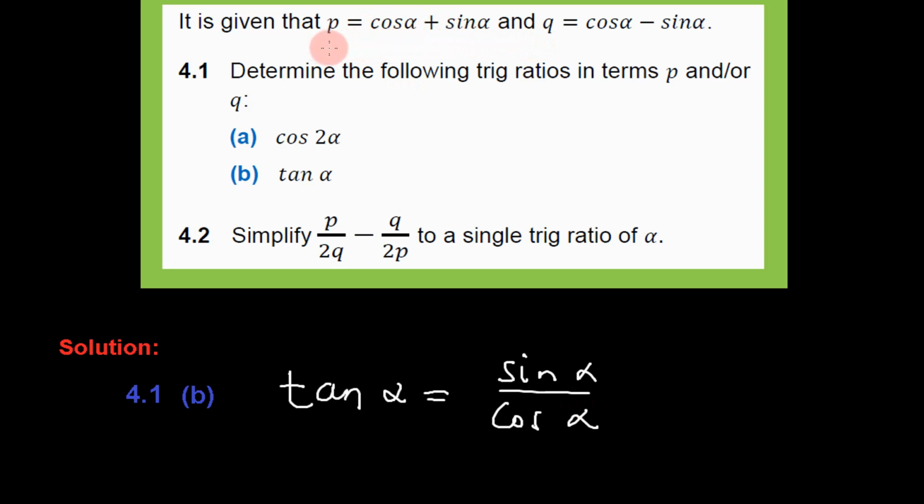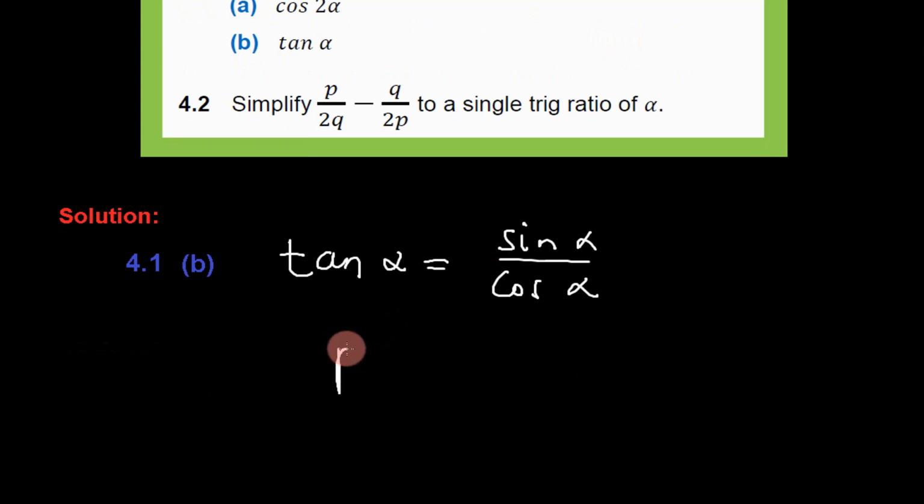Now something to notice here, when we add P and Q, so when we take P plus Q, the positive sine alpha here will cancel with the negative sine alpha over here. And we'll be left with cos alpha plus cos alpha. In other words, we'll be left with twice the cos of alpha. So let's write that down.